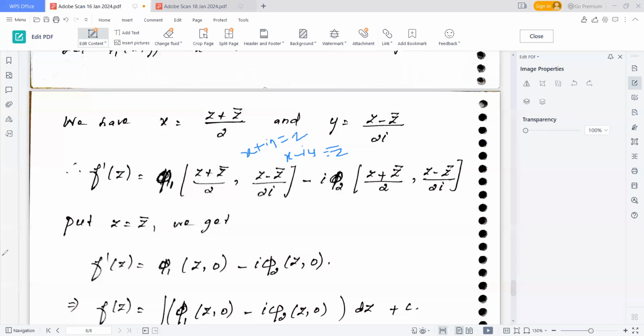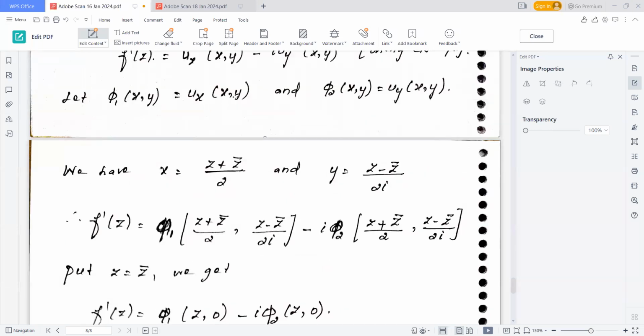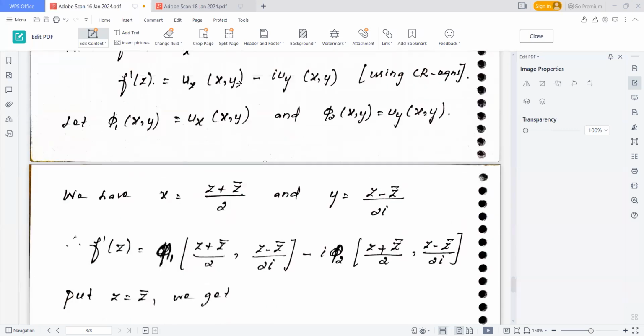Now substitute the values of x and y in f dash of z. In the place of x and y, we rewrite x and y as z plus z bar by 2 and z minus z bar by 2i.